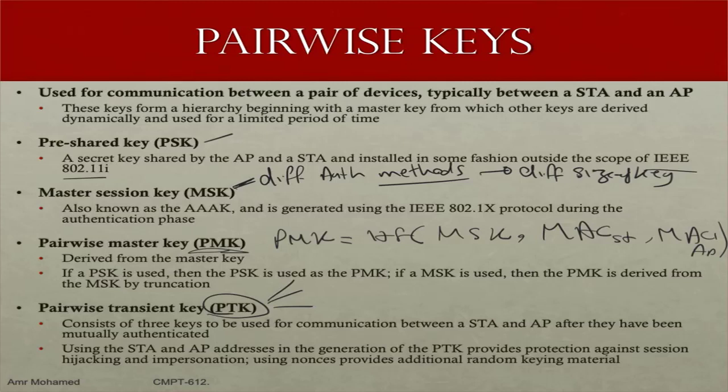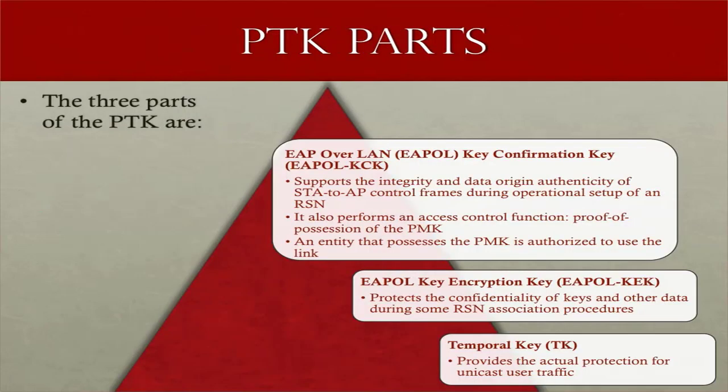So we'll talk about the pairwise transient key and the three different keys. The first two keys are not used for data encryption or confidentiality or anything like this. They're not for data at all. The key confirmation key supports the integrity of the control messages sent from the station to the access point, and we'll talk about this in a minute.